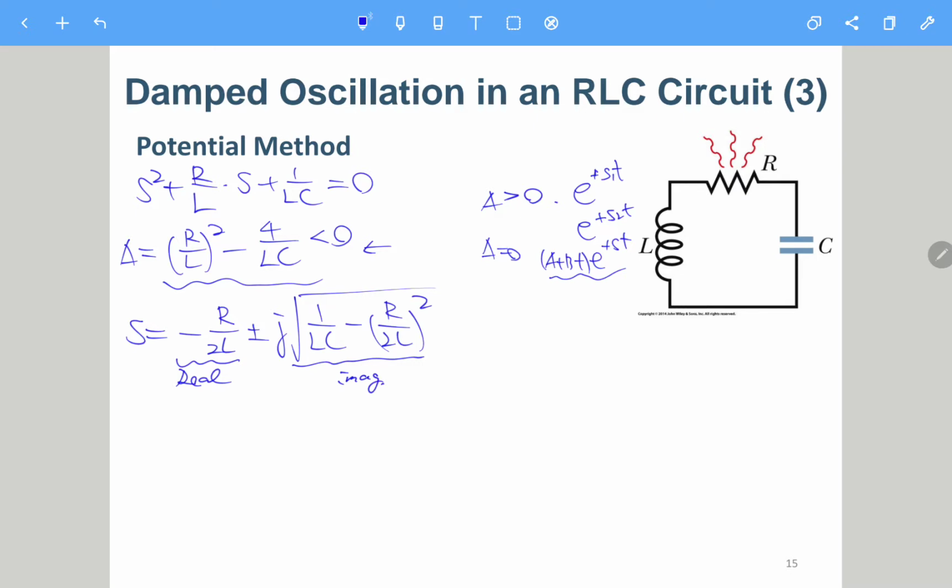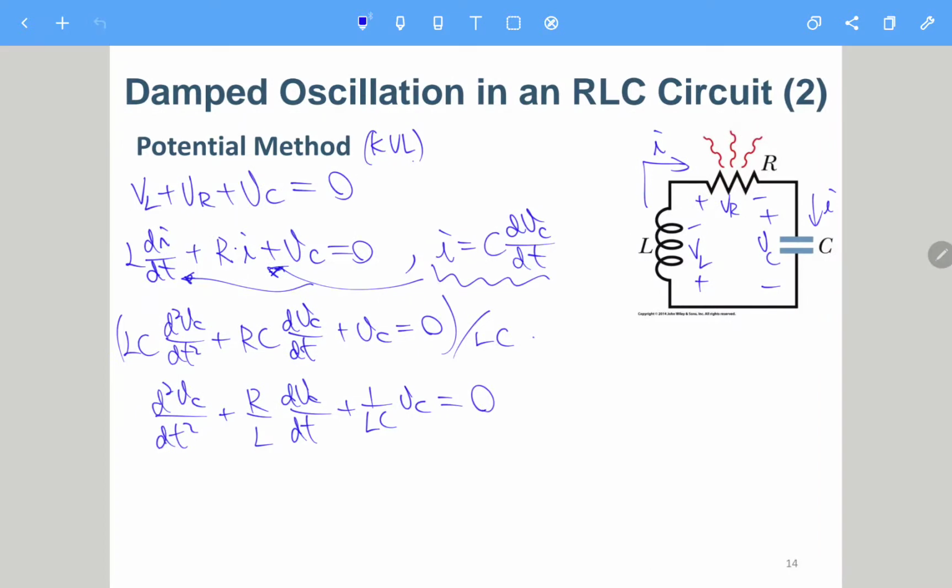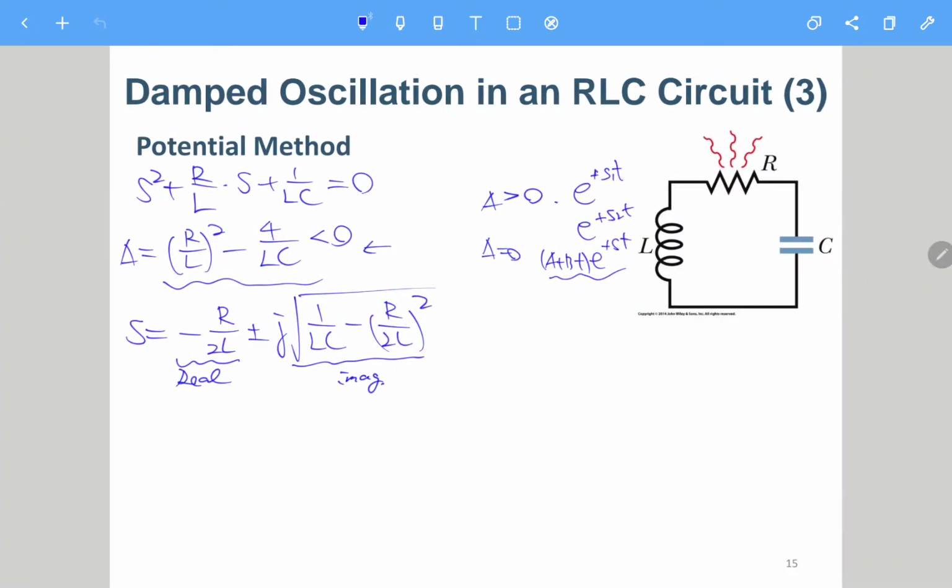Okay, so in this case, no matter i or vc or whatever, even though we just derived it for vc here, you can actually get d2i dt2 plus R over L di dt plus 1 over LC i equals 0, as this is a linear circuit. You can just change vc into other variables. So actually, we can just make it i.